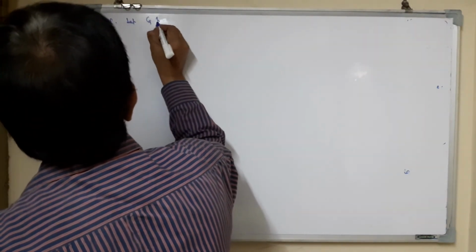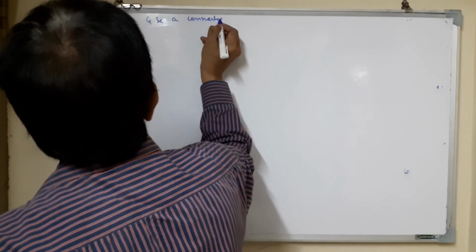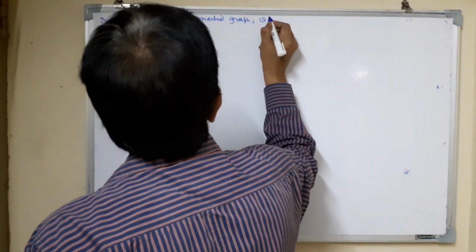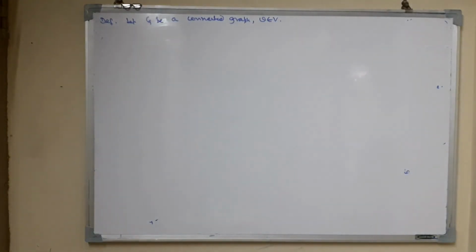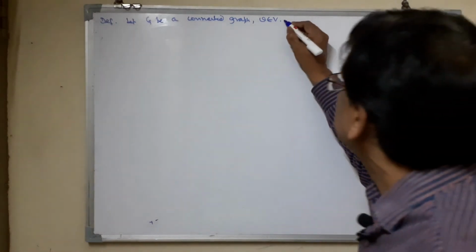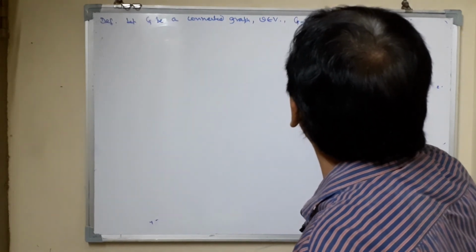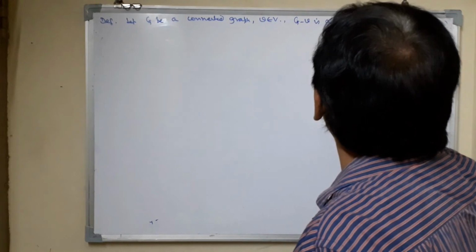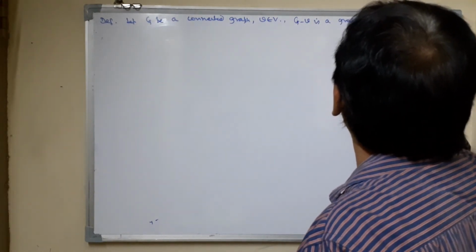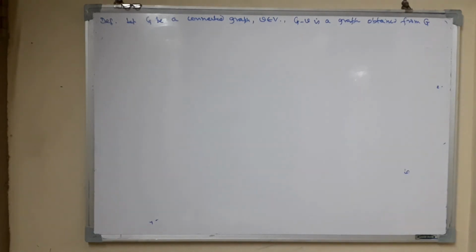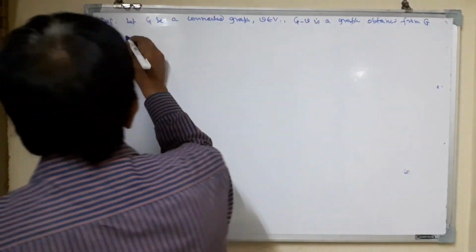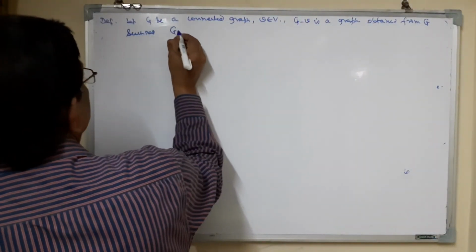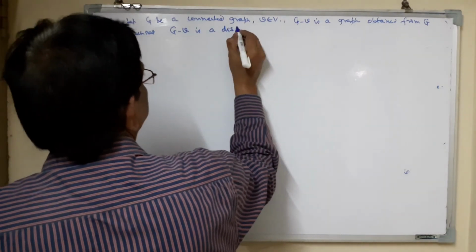Let G be a connected graph, and v belongs to V. G minus v is a graph obtained from G such that G minus v is a disconnected graph.